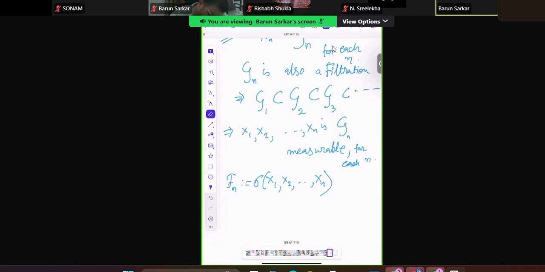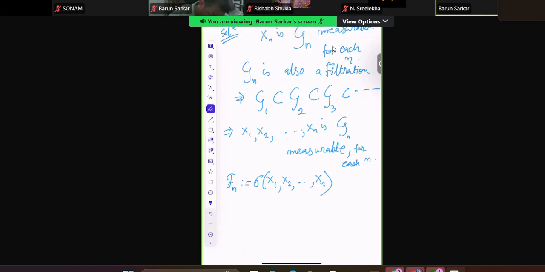Fn is the sigma algebra generated by this.